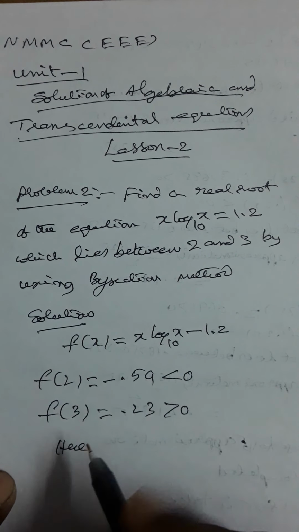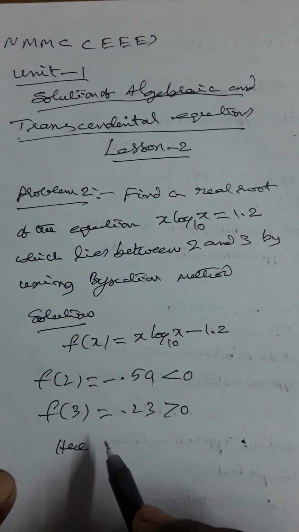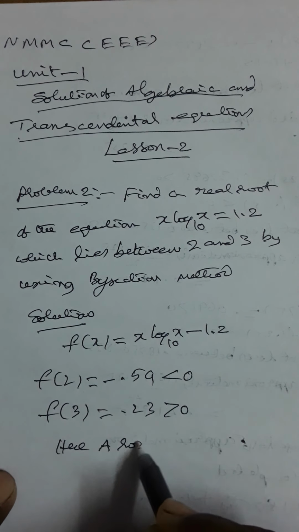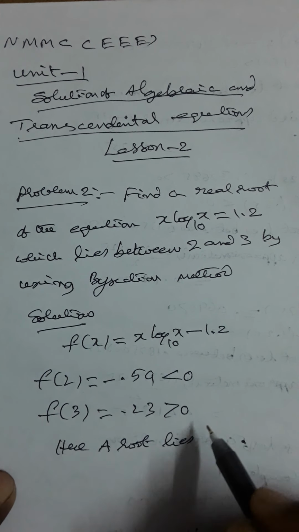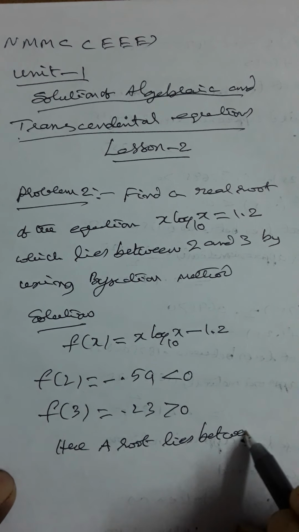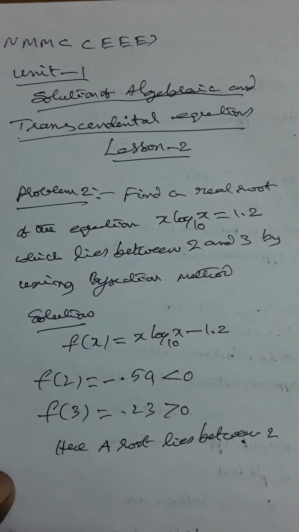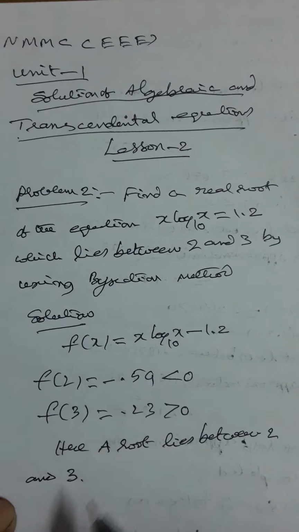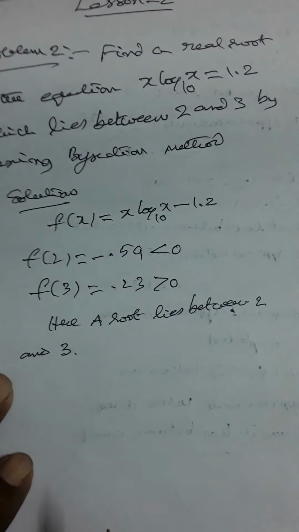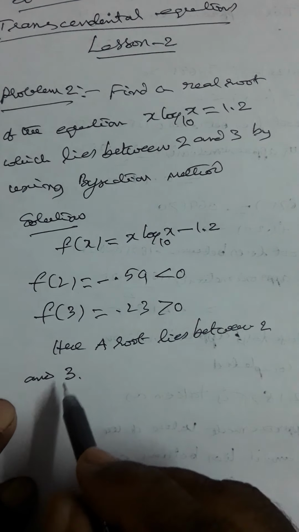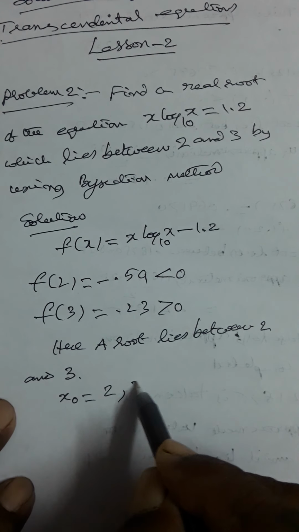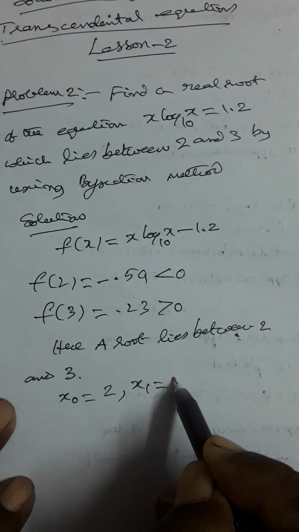Here a root lies between 2 and 3, positive, negative. x0 is equal to 2, x1 is equal to 3.